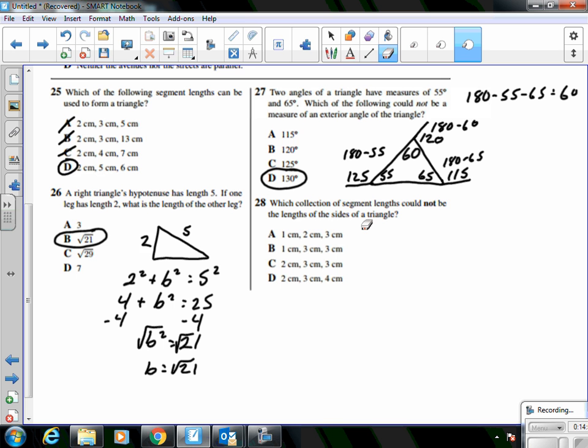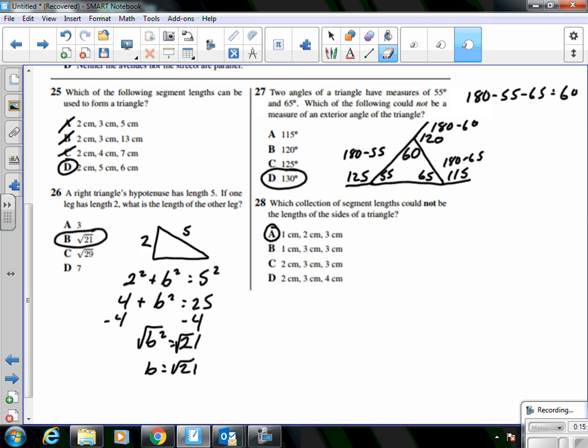28. Which collection of segment lengths could not be the lengths of the sides of a triangle? So in this case, it wants to know which one could not be the length of the sides of a triangle. So we're looking for one that doesn't work. So 1 plus 2 would be 3, which is the same as 3, not greater than.